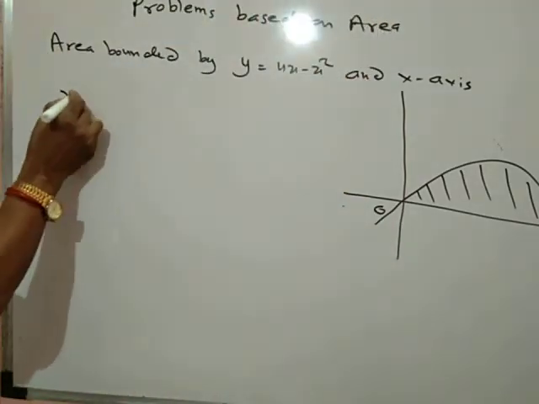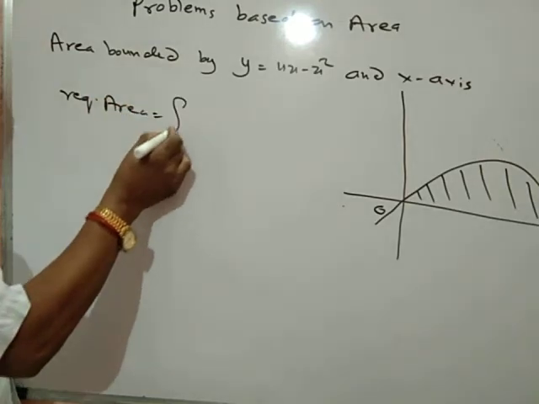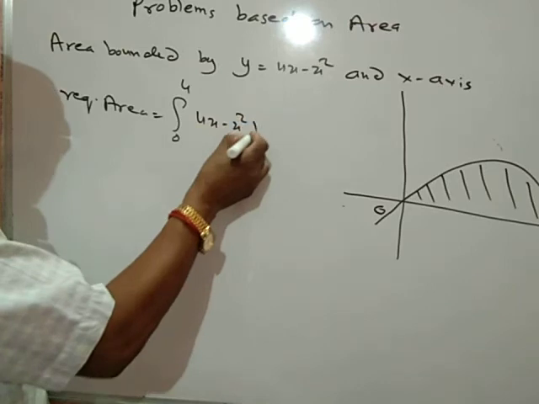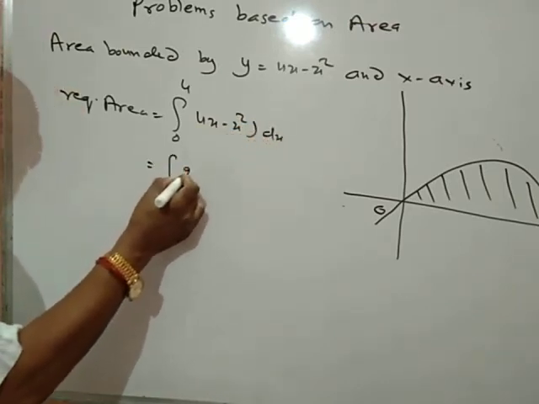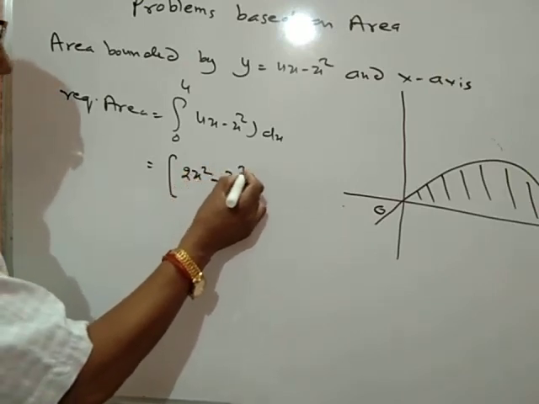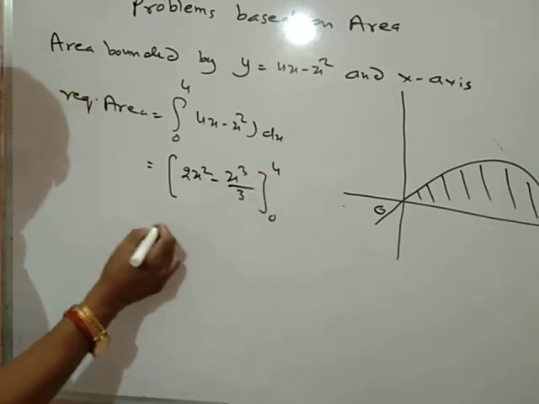So required area is equal to integral 0 to 4, 4x minus x square dx. So this is equal to 2x square minus x raised to 3 upon 3, 0 to 4.